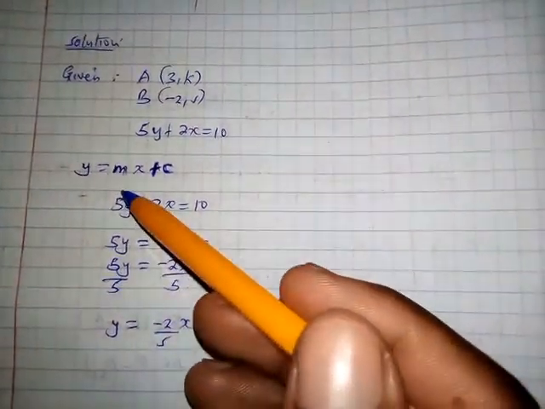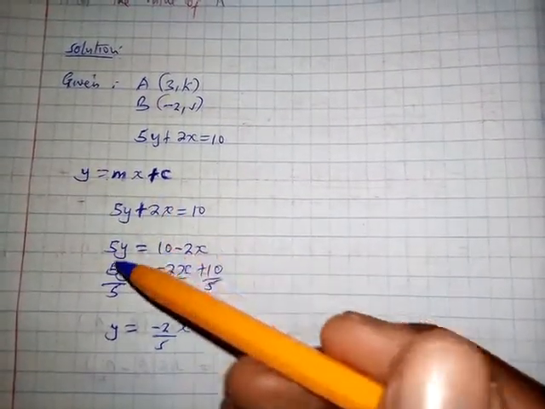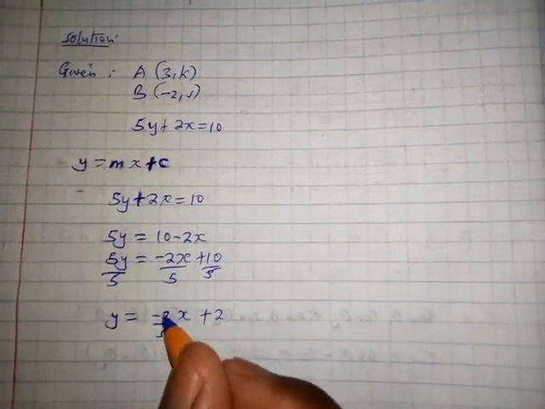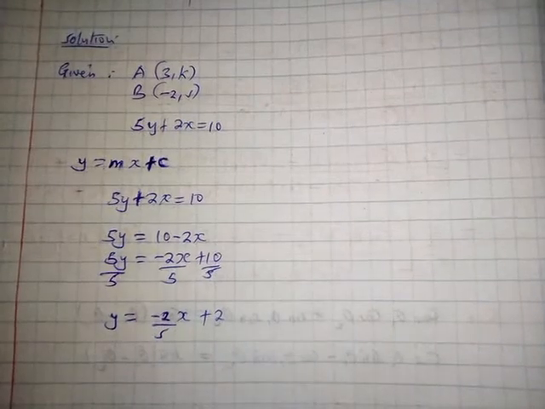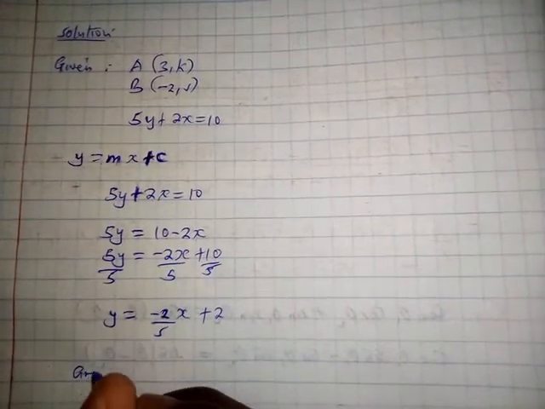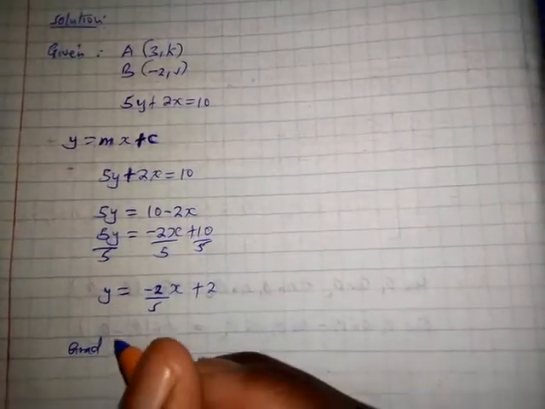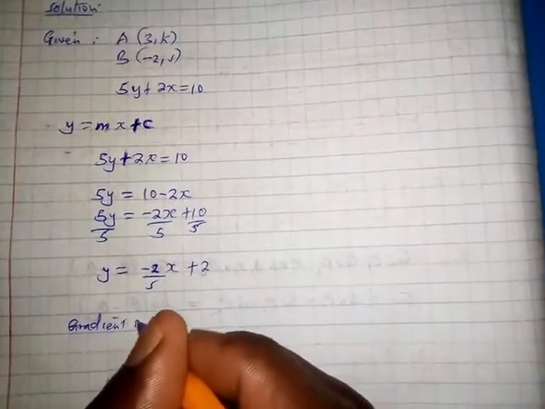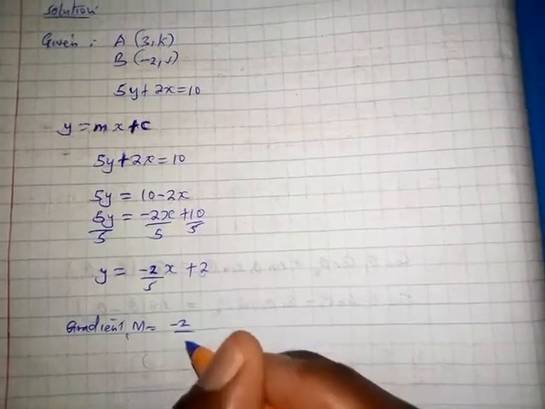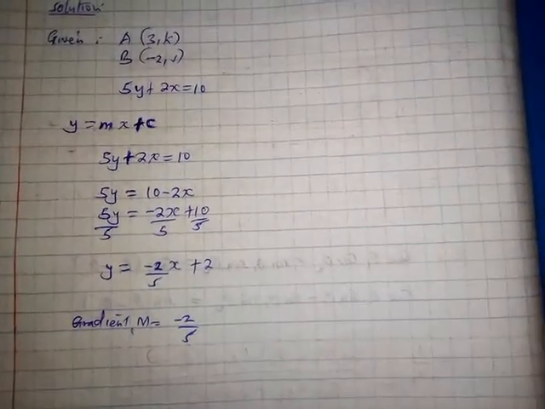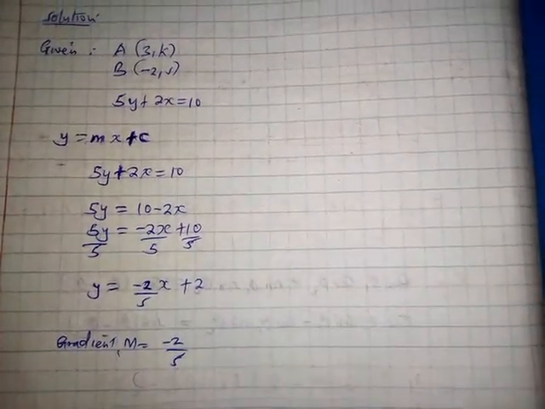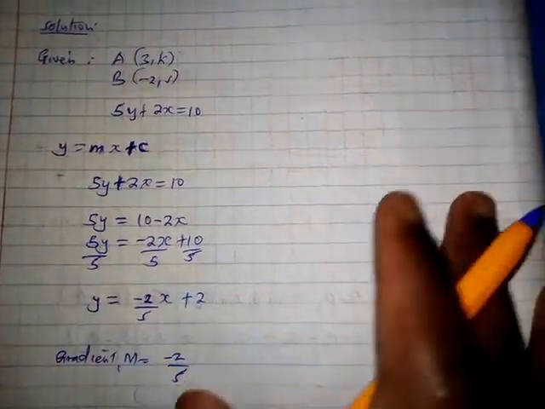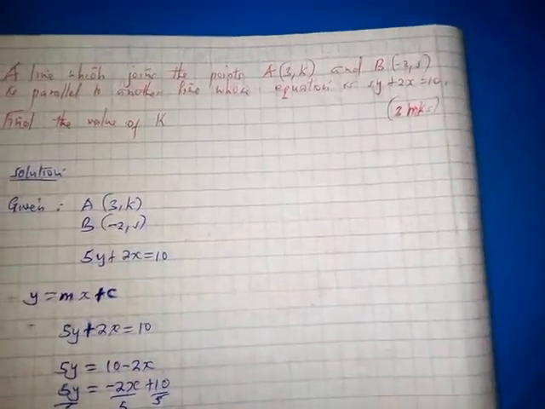So you can see in the form y is equals to mx plus c, our m is -2 over 5. So the gradient of the line whose equation is this, gradient m, is -2 over 5. And remember, I have said that parallel lines have the same gradient.